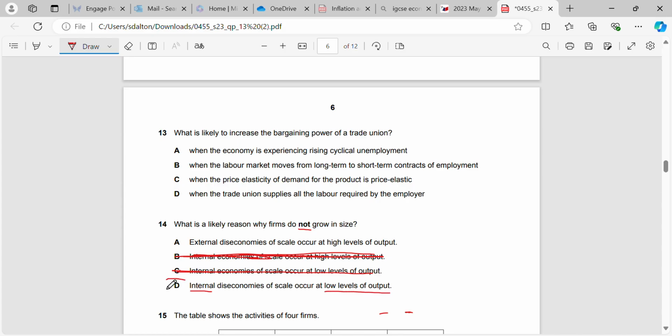The lower the level of output that we have, and we combine that with a high average cost as we get bigger, that's going to make it very difficult for us to grow in size. Whereas if we have a high average cost at a high level of output, it will still make it difficult to grow in size, but not to the same extent as if we're only producing a few goods and services and our costs are already high.